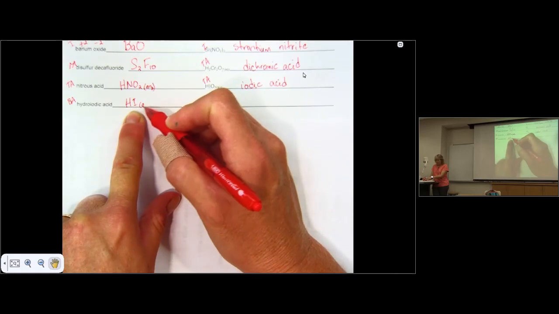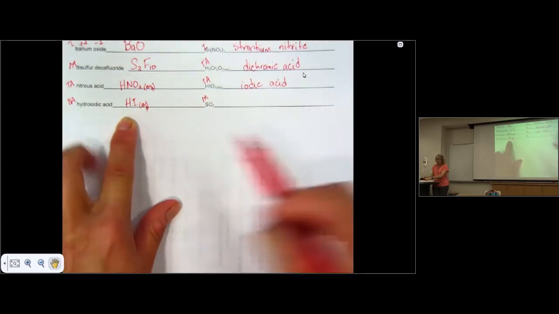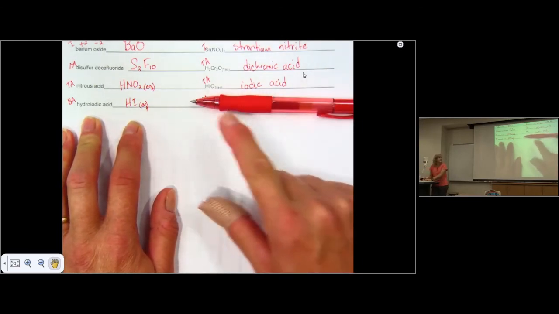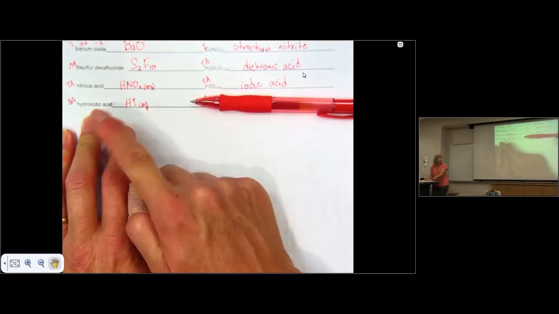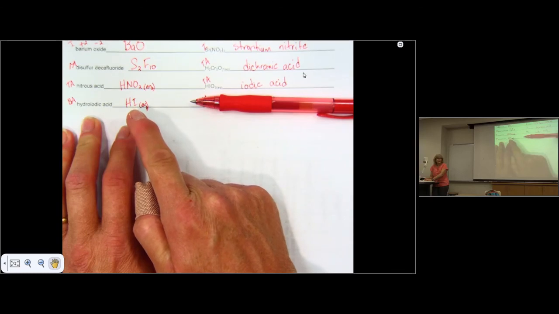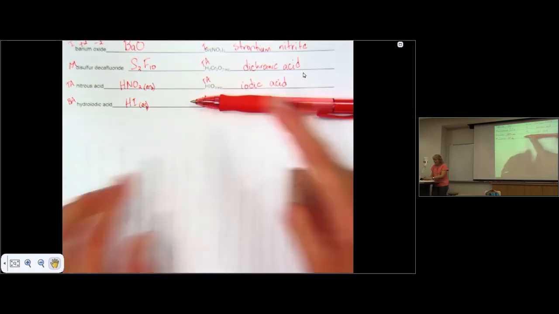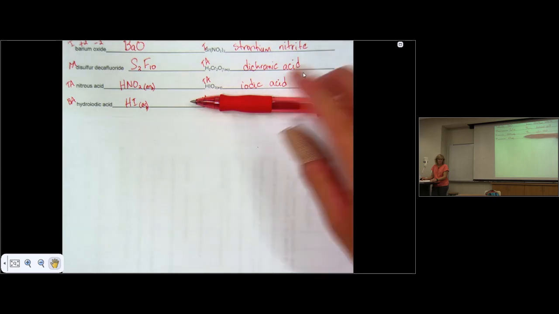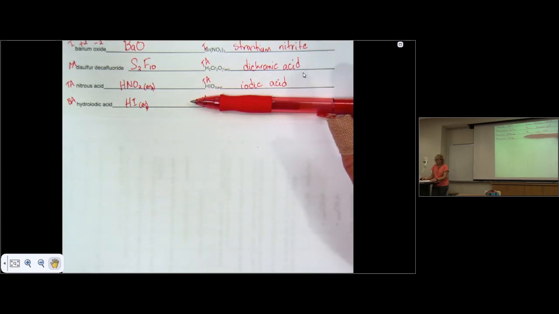So AQ. Now look at these. Hydroiodic HI, iodic HIO3. Do you see the difference? Hydro actually has fewer letters.